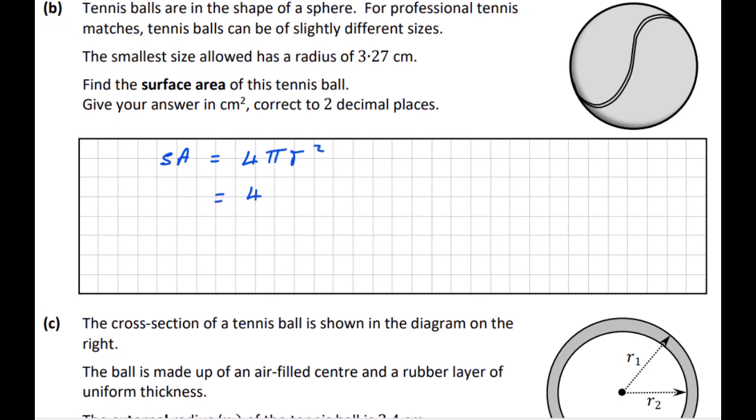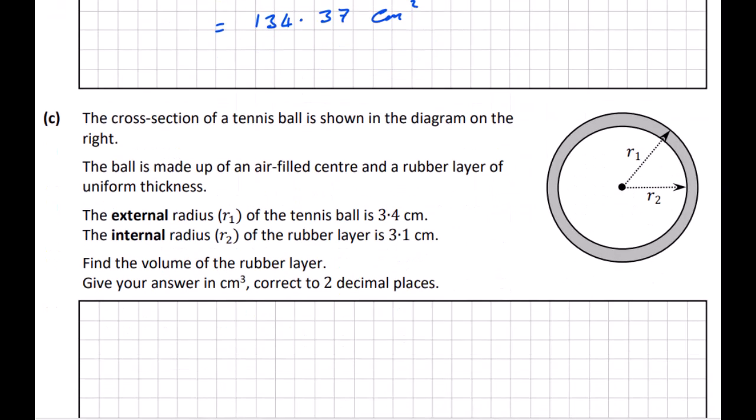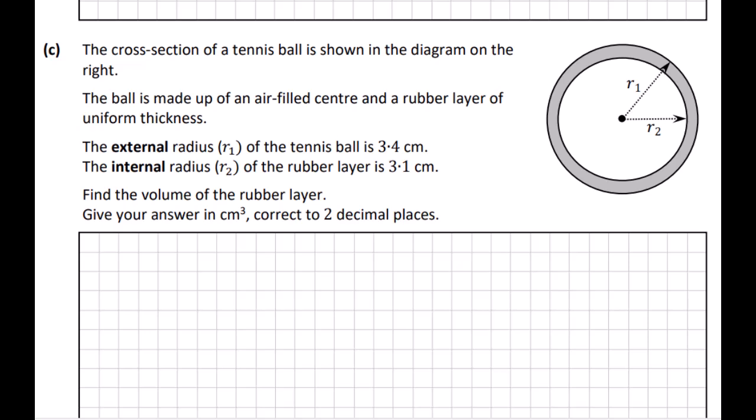So it's 4 times pi times the radius, in this case 3.27, which we've got to square. Multiply all that out and you get 134.37 square centimeters.